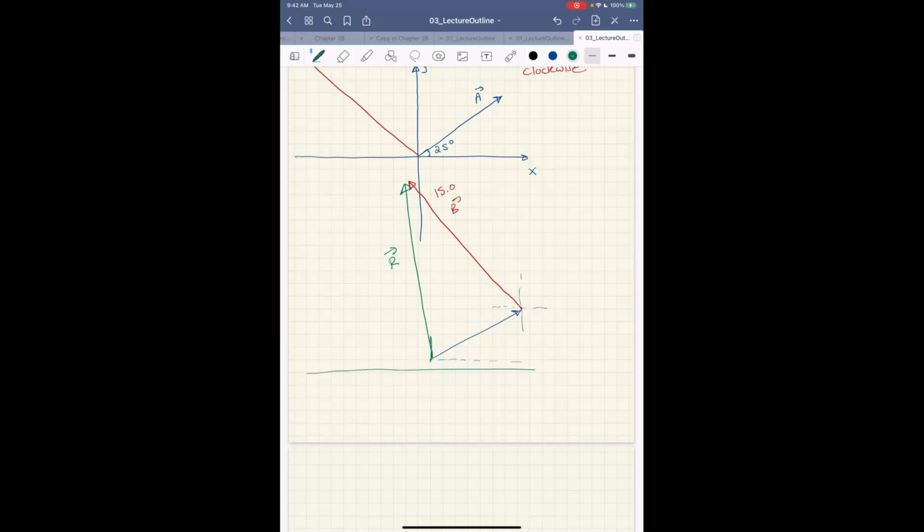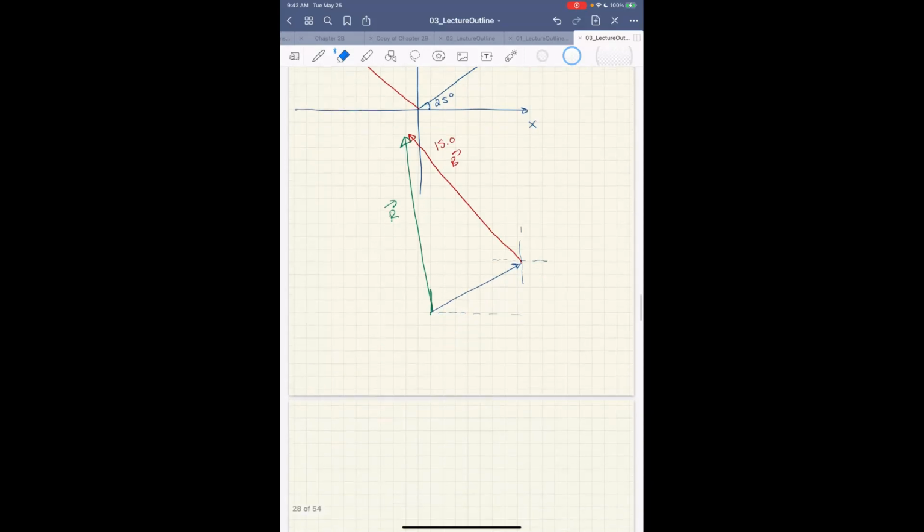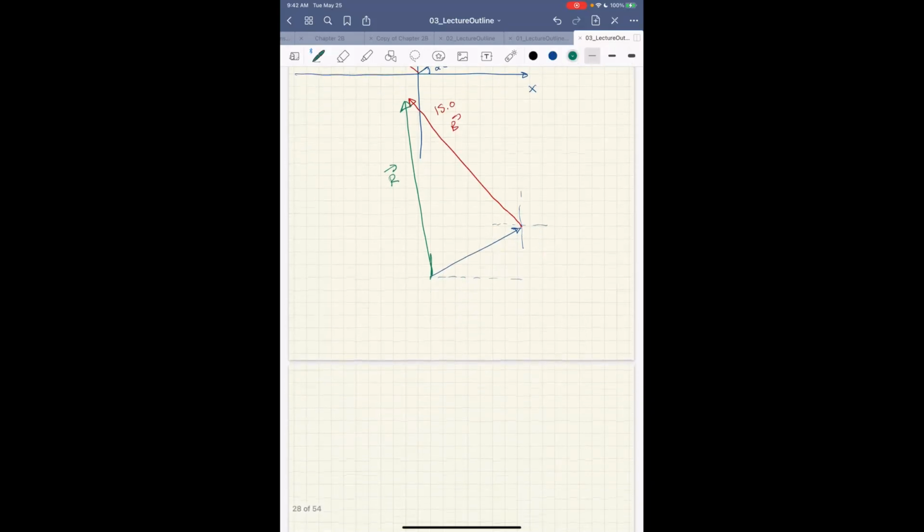Okay, and then I usually like to have my vectors in a table. I don't have enough space here.